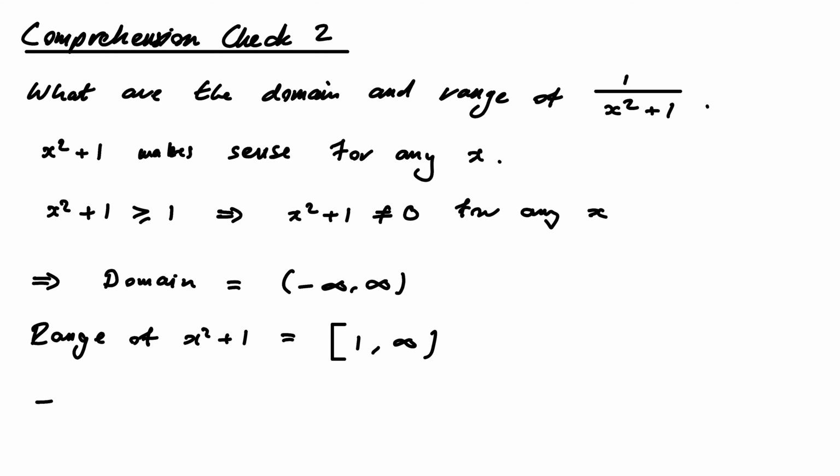So that logic, and this is pretty tricky, tells us the range of 1 over x squared plus 1 has to start at 1. That corresponds to dividing through by 1 here. But then as I get bigger, I'm going to get smaller and smaller, through all values, all the way back to 0, but I'm not going to include 0.